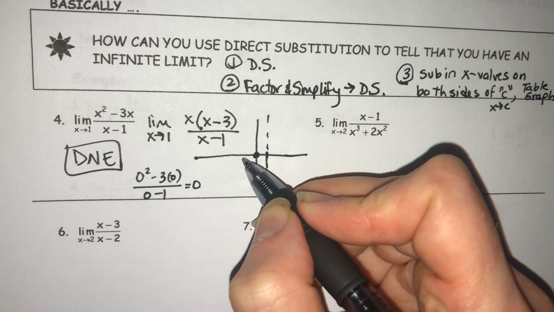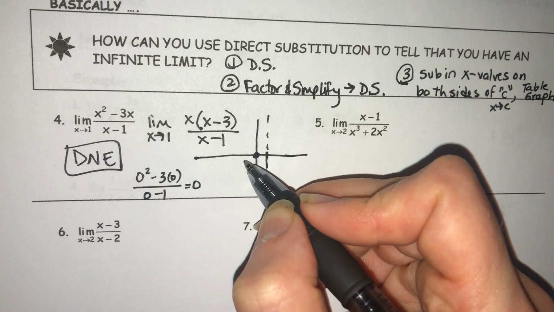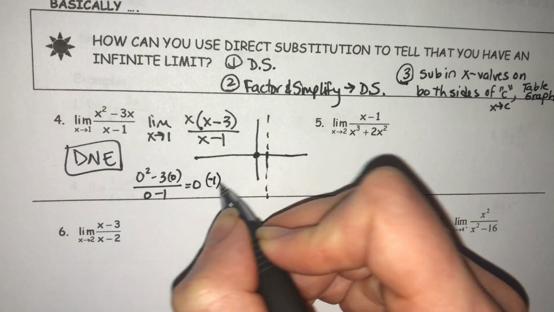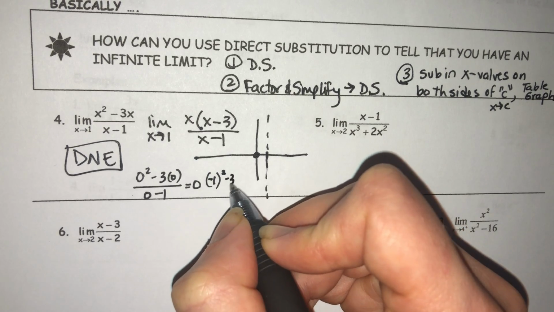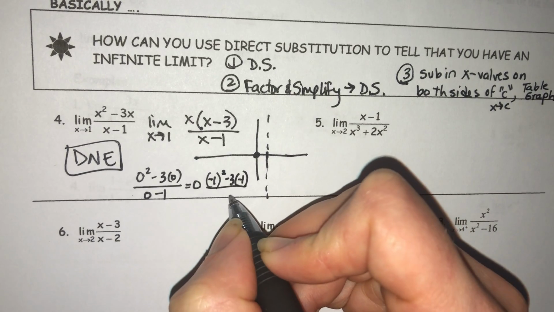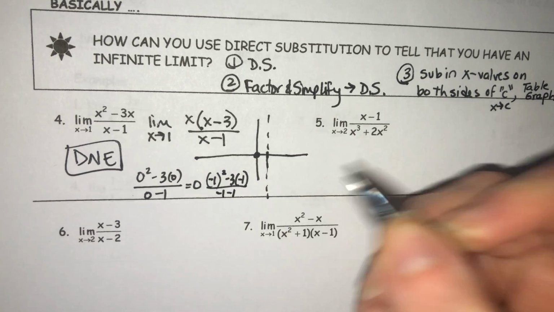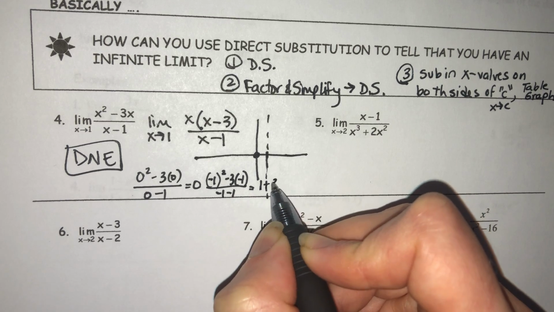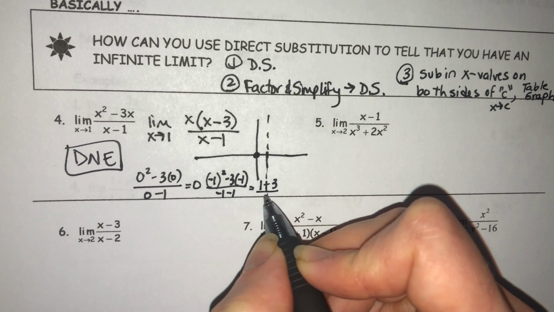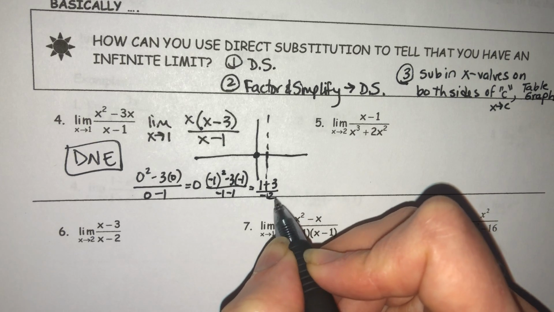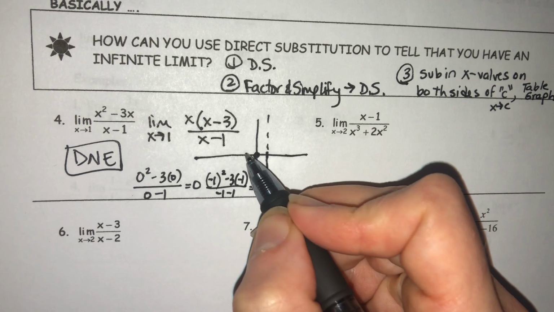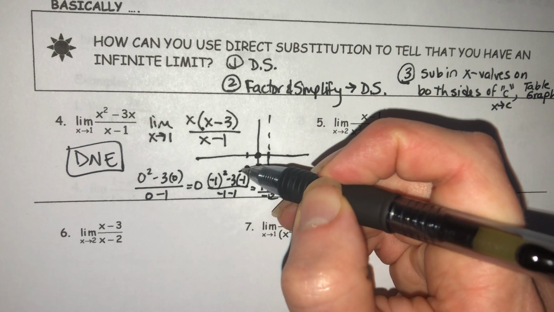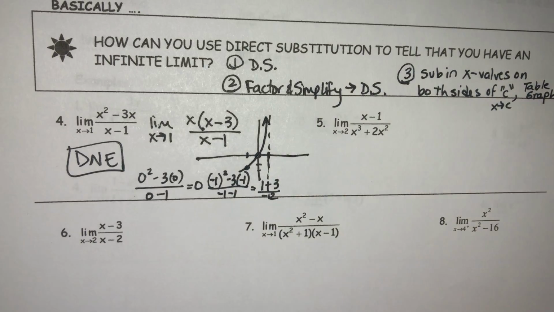Now what if I went one smaller than that, like -1? -1 quantity squared minus 3 times -1 over -1 minus 1 is 1 plus 3 over -2. So 4 divided by -2 is -2. So at -1 I'm down 2. Okay, so this means the graph's going like this.